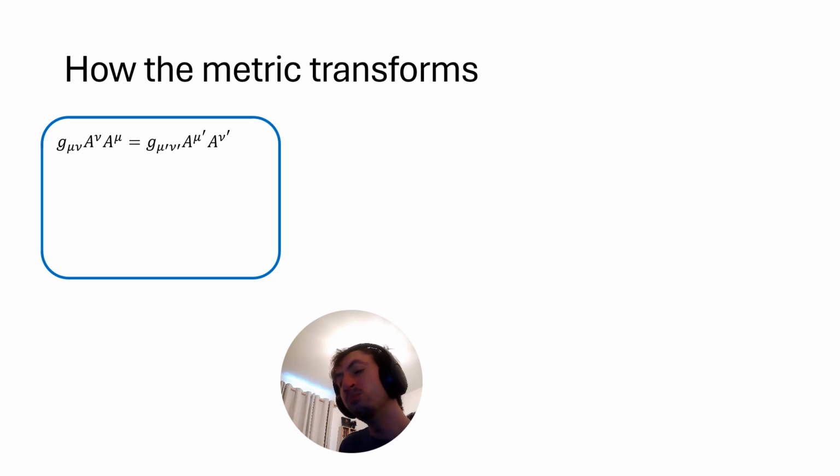Now, we can't really go much further than this if we want to find the components of the metric in one coordinate system and compare it to the components in another, unless we can have the components of our vector A written in the same coordinate system on both sides of the equation.